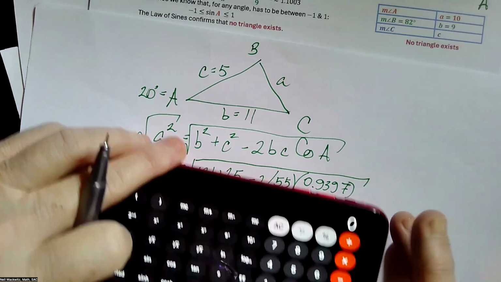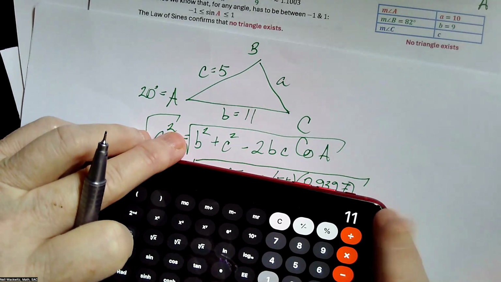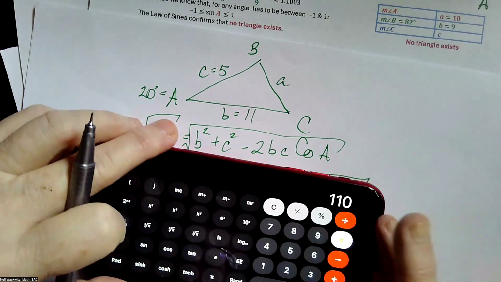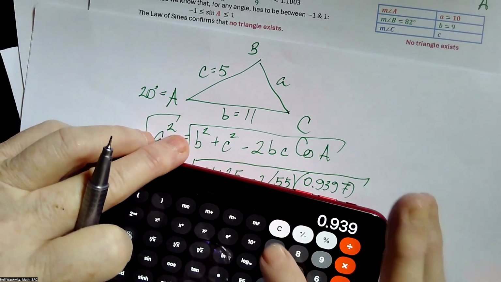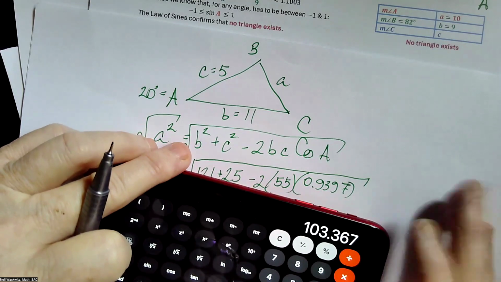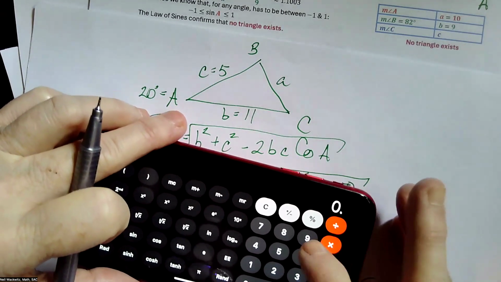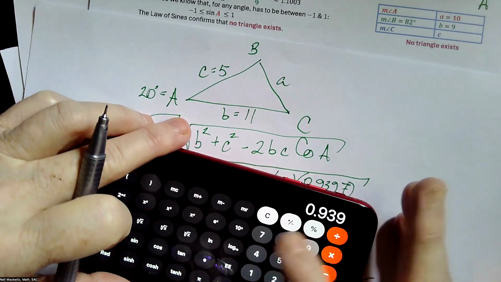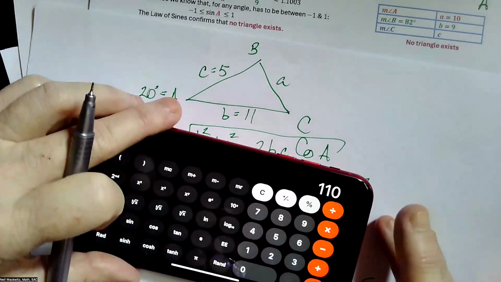Okay. 110 times 0.9397. I think it's doing it and I'm not seeing it. 0.9397 times 110, which is 55 times 2.